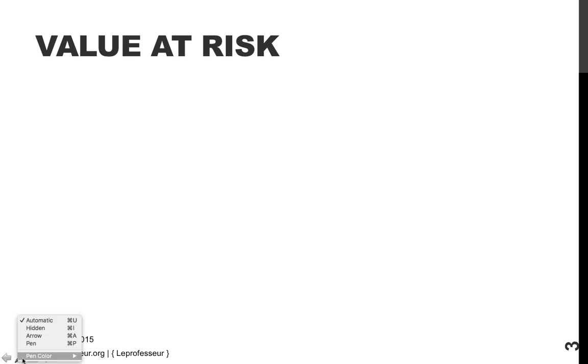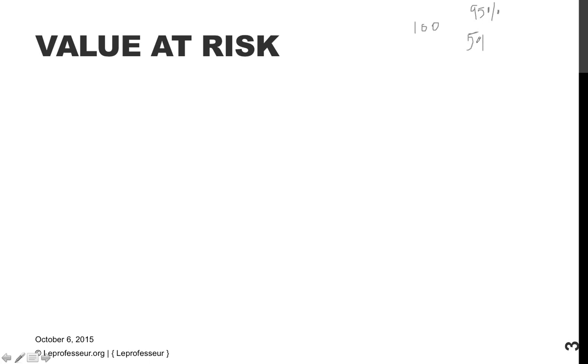In other words, let's say you have a very simple example. Let's say you have $100 and you say, at a 95% confidence level, on any given day I will not lose more than 5%.